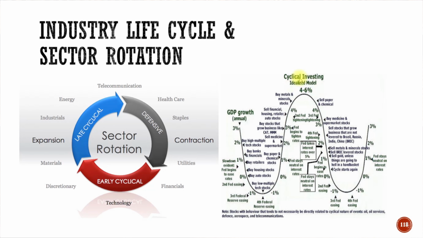This cyclical investing strategy follows roughly the GDP and the interest rates, but it's going up and down. So this is an economic boom, and this is a recession. If it's really deep, it's called a depression. As things go bad from the peak, and a recession always starts at the top and then falls down, that means you would sell, while chemical, paper, and medicine are good to buy.